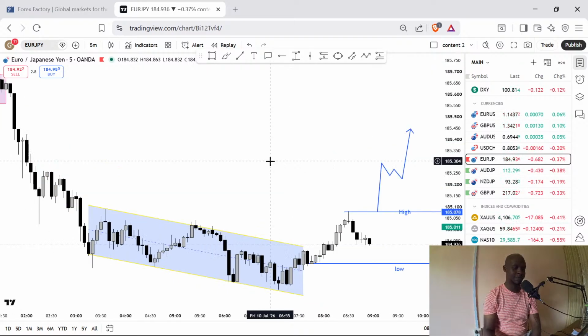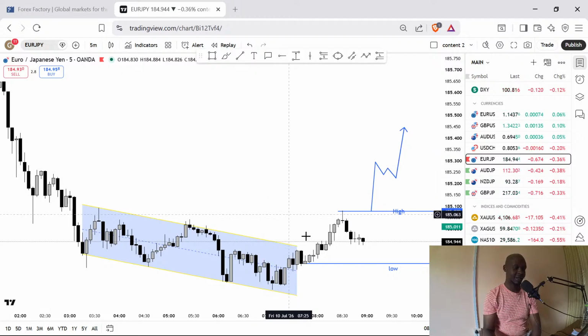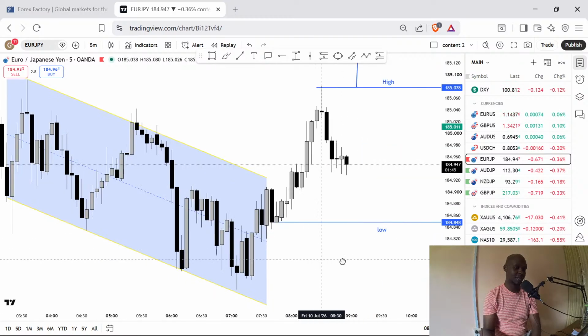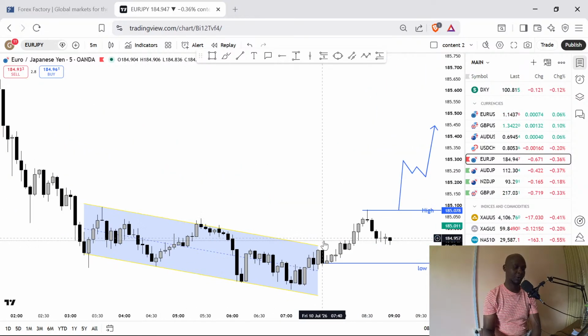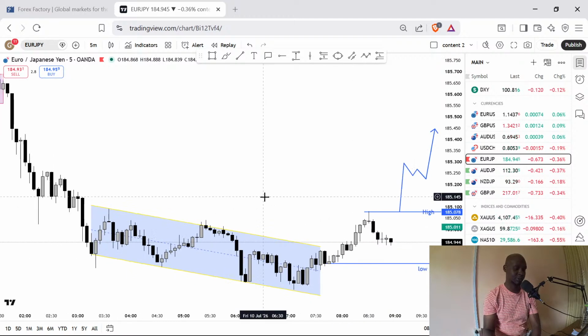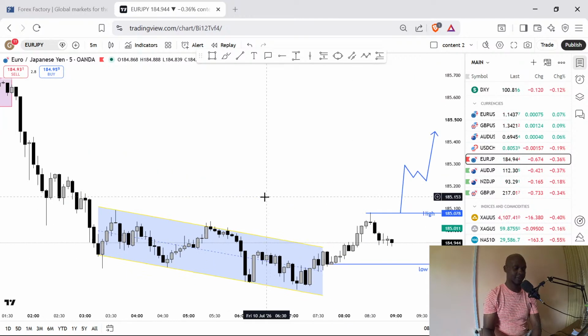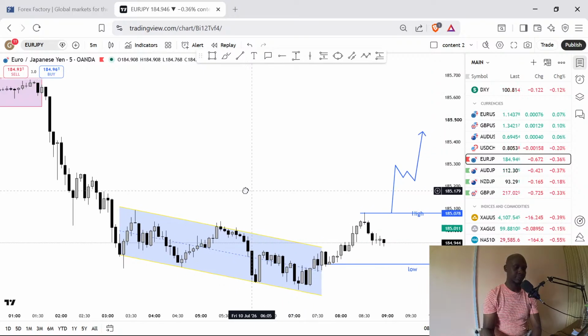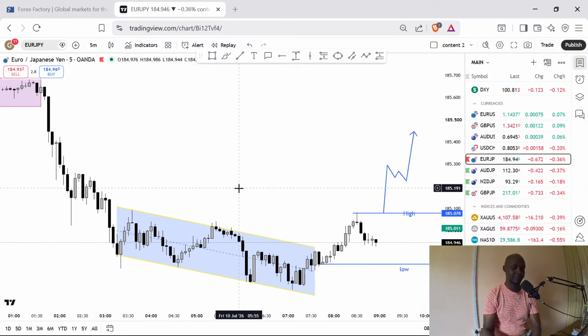As I've said, in another instance, I might have rushed and gotten into this trade just to force the trade, because I had a long bias at the start of the session, but nowadays I'm a little bit calmer.